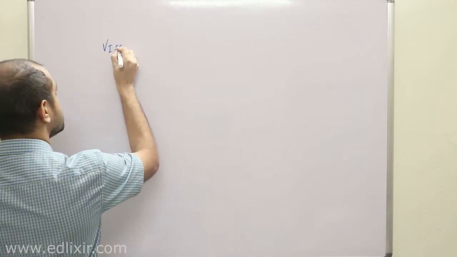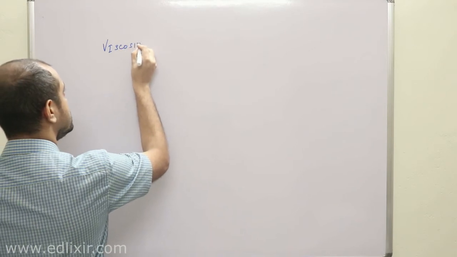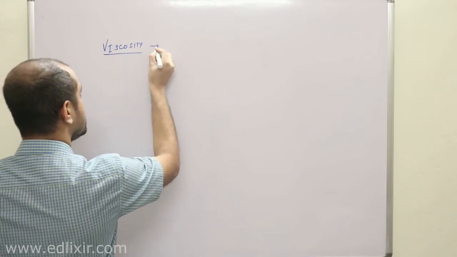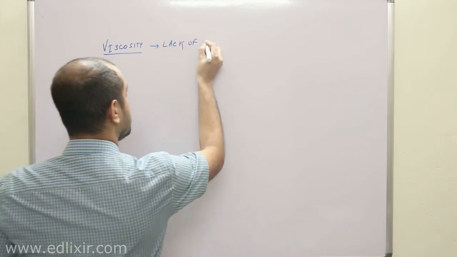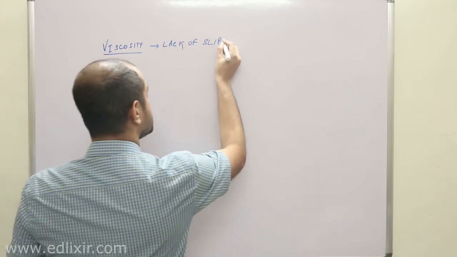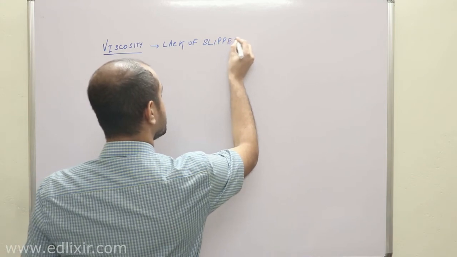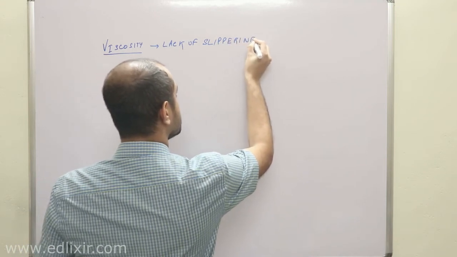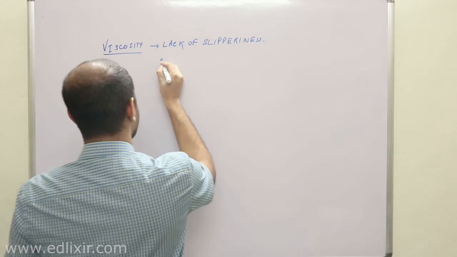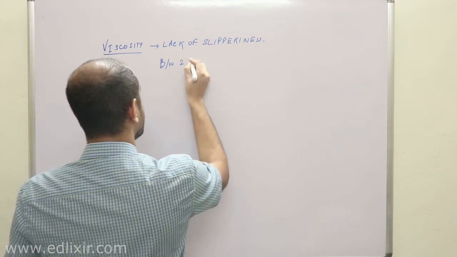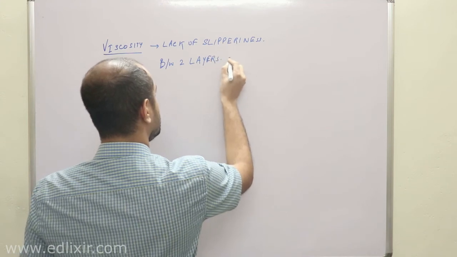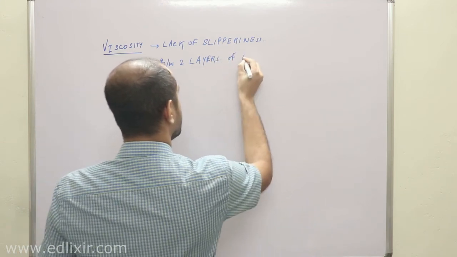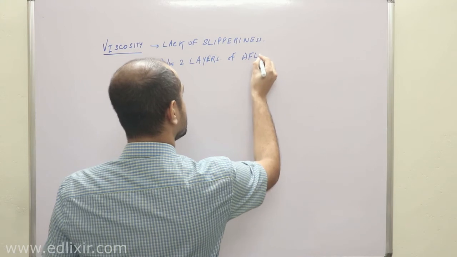Viscosity is the lack of slipperiness between two layers of a fluid. Clear?